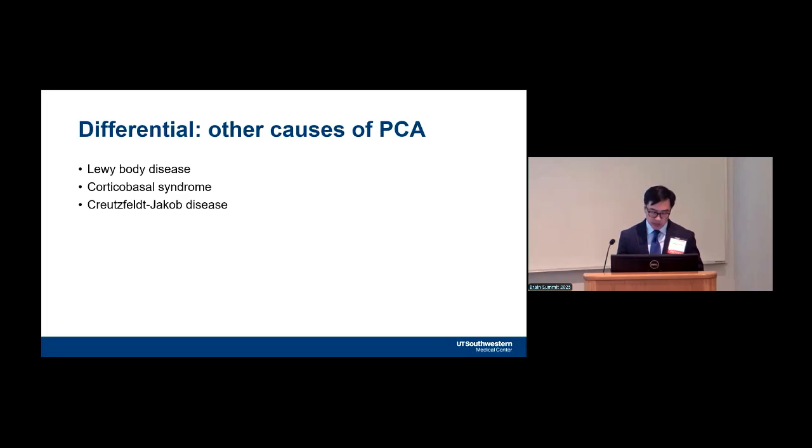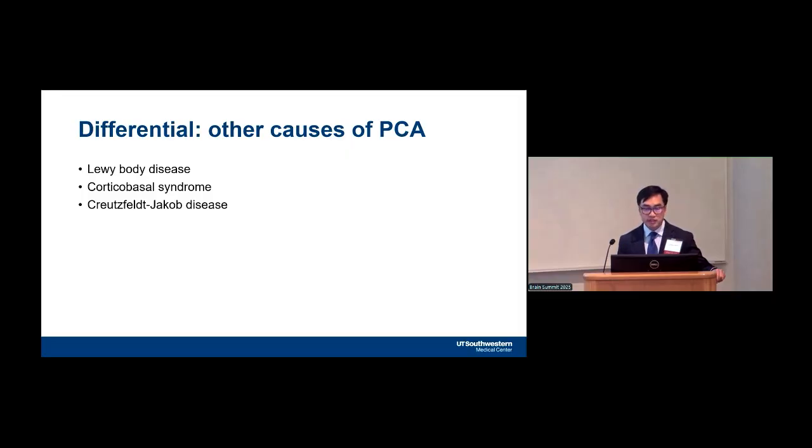So do keep in mind, though, that there are other causes of posterior cortical atrophy. I've encountered several patients with Lewy body disease, and this is a common presentation for those folks, having a lot more visual spatial difficulties at onset. I remember a patient that had basically the syndrome of posterior cortical atrophy, got biomarkers for her, was positive for Alzheimer's disease.